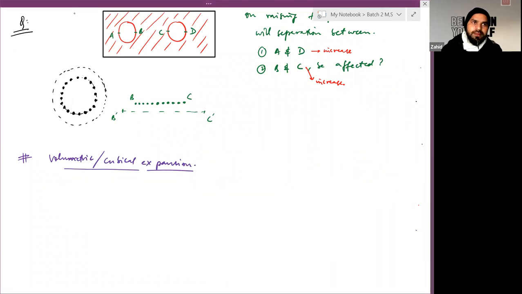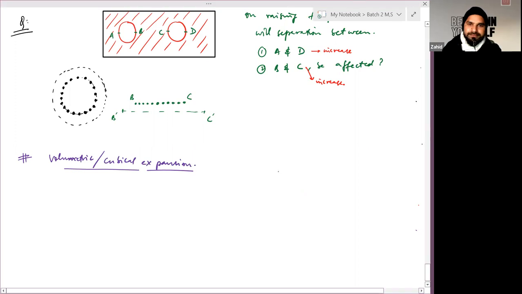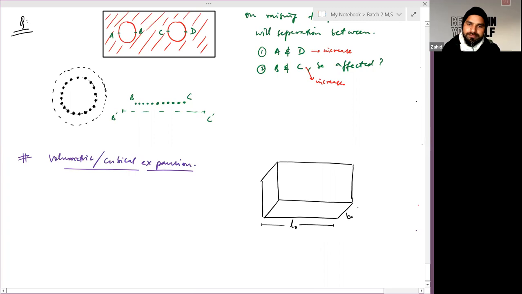Suppose you have a cuboid having initial dimensions: length L0, breadth B0, and height H0.